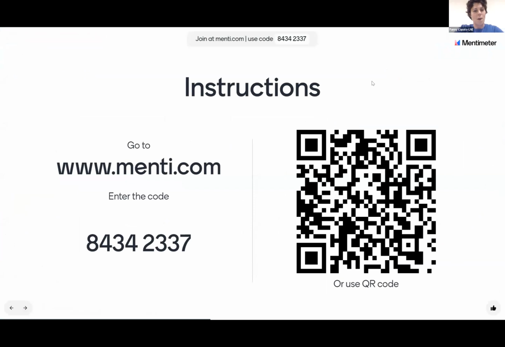Yes, go ahead. So as I was saying before, the last part of my presentation is an interactive Mentimeter session. So the first thing, instructions. Please connect to the Mentimeter site, which you can do by either taking a photo of the QR code or going to menti.com and entering the code 84342337.